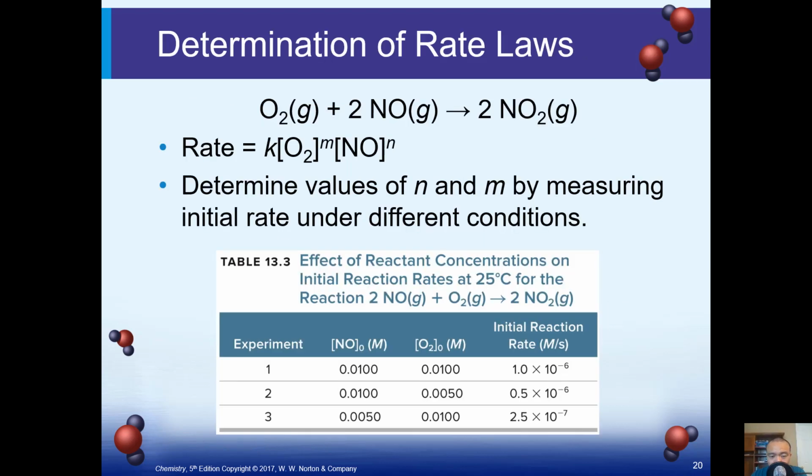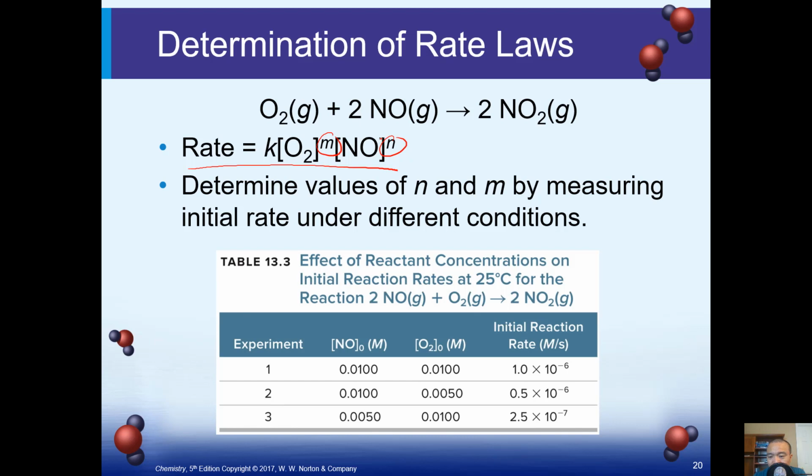How do we design experiments to determine the reaction rate law? Let's study the reaction between oxygen and nitrogen monoxide to form nitrogen dioxide. We can write a generic rate law. The values of M and N can be determined experimentally by observing how the initial rate of the reaction changes as the initial concentration of the reactants is systematically changed.